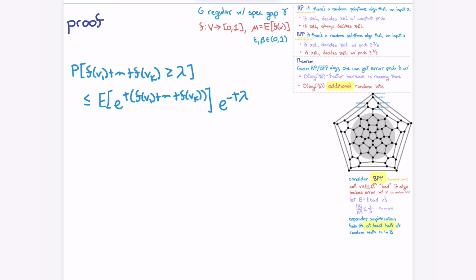Now, if we're doing the normal Chernoff bound, do you know what the next step would be? Yeah, in the normal Chernoff bound, those f(v1) terms would be independent, and so you can turn that into a product of expectations, expectations of e to the x. And then you analyze these individual moments. What's going on is that when x is a small random variable, like in a normal Chernoff, e to the x is basically 1 plus x.